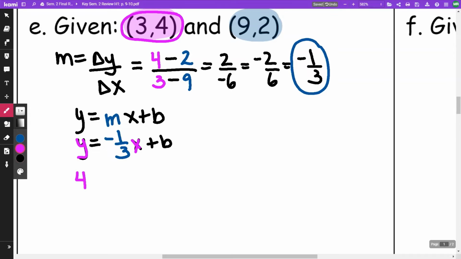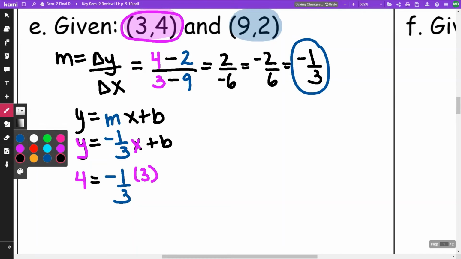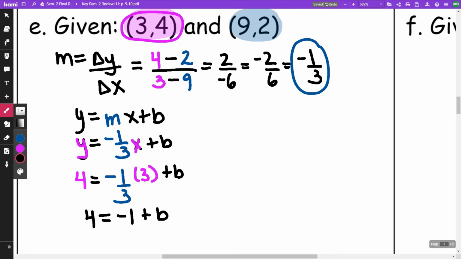So I'm going to have 4 is equal to -1/3 times my x, which is 3, plus b. And that's going to end up giving me 4 equals, and -1/3 times 3 is -3/3, which is going to be -1, plus b.